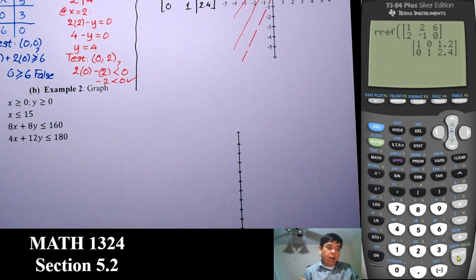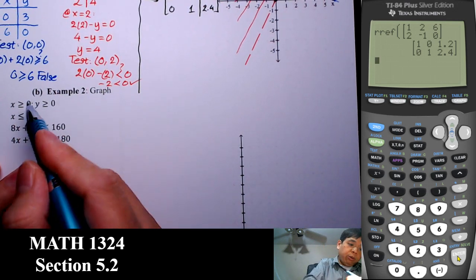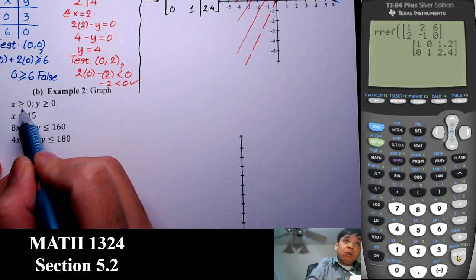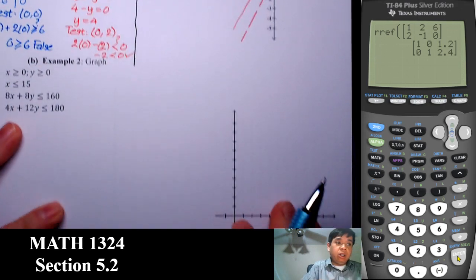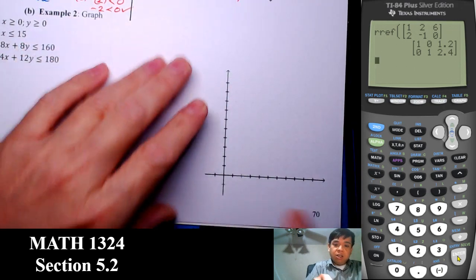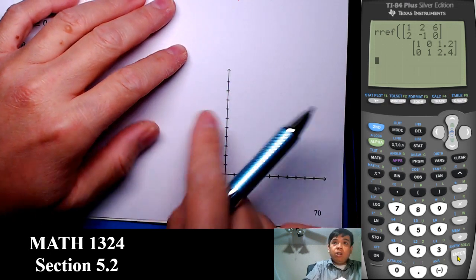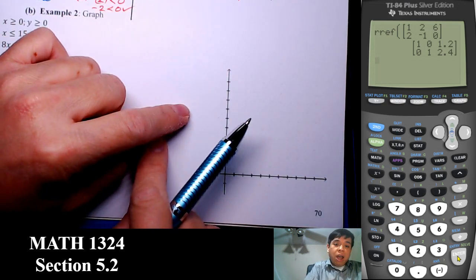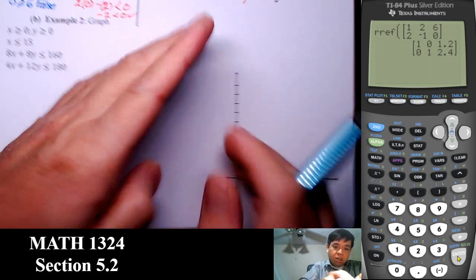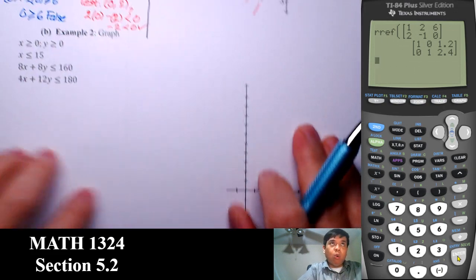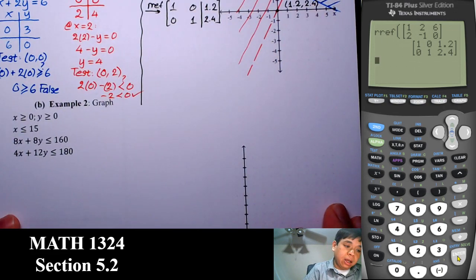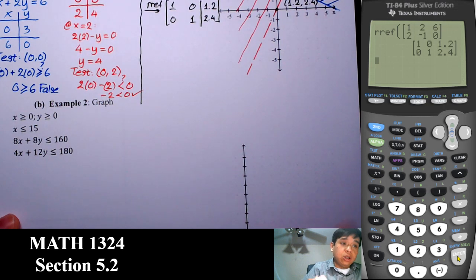Right. Next we're going to graph this. Well, this has plenty of inequalities, but if we focus on x greater than or equal to 0, y greater than or equal to 0, we only need to graph in this part of the graph. We don't need to go to the left of the y-axis or below the x-axis, just in that corner, quadrant 1. So take care of that.